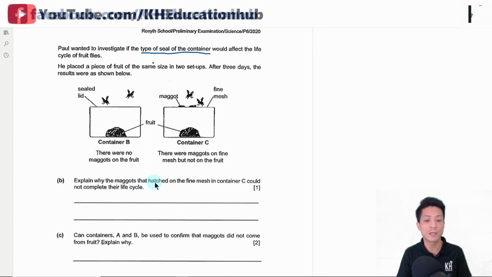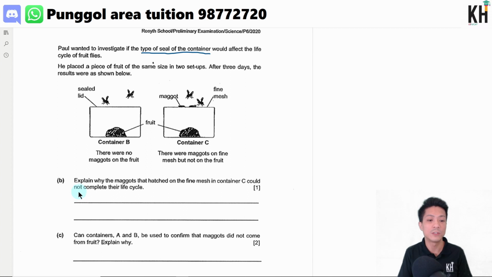Okay, explain why the maggots that hatched on the fine mesh in container C could not complete their life cycle. It's because they had no food, so eventually they're gonna die.